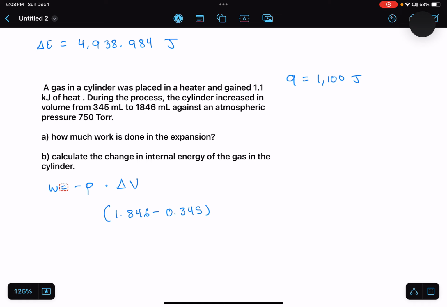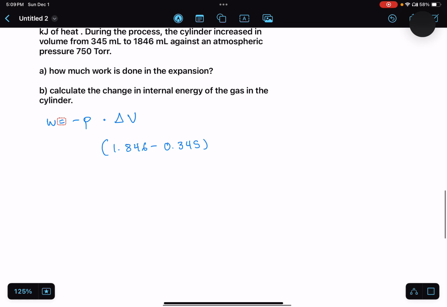Minus 0.345 liters gives us a difference of 1.501 liters. So we're going to have that multiplied by the negative pressure.